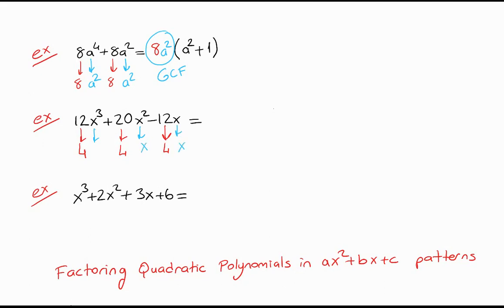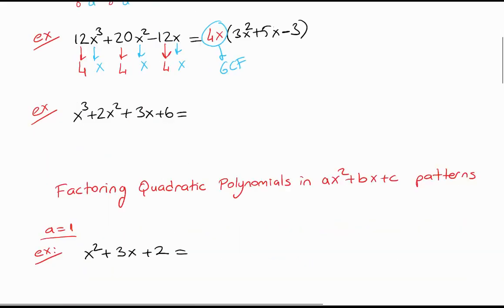I have only x. So 4x outside of the parentheses, and inside of the parentheses, I have 3x squared plus 5x minus 3. So in this example, this is my GCF.